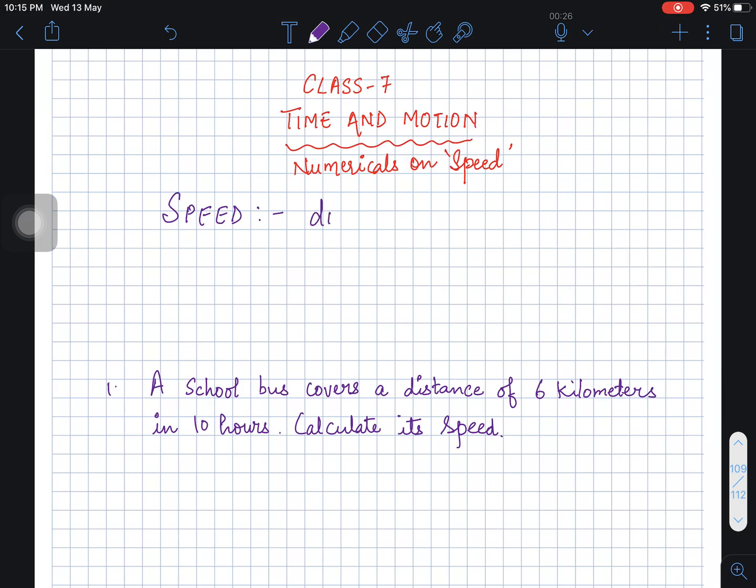Speed is basically defined as the distance covered by an object in unit time.